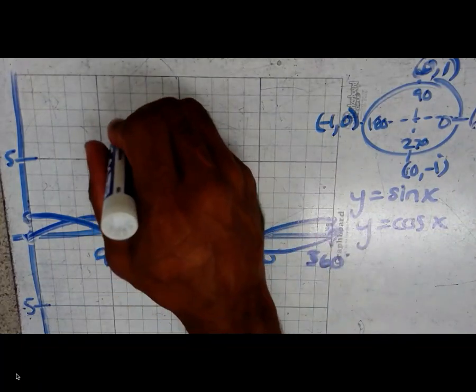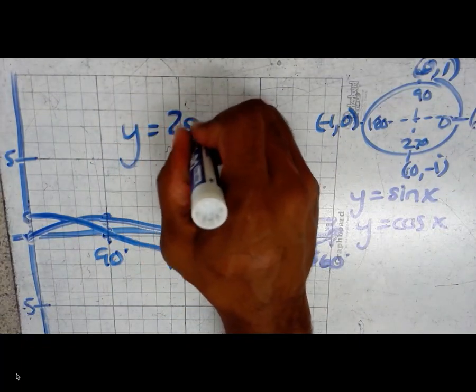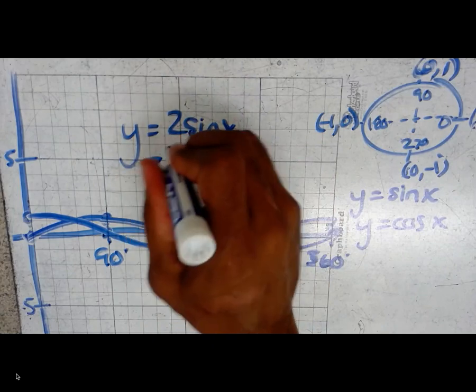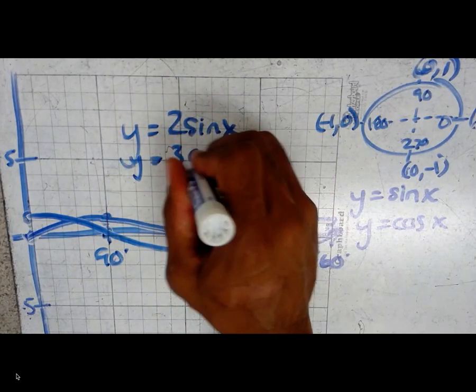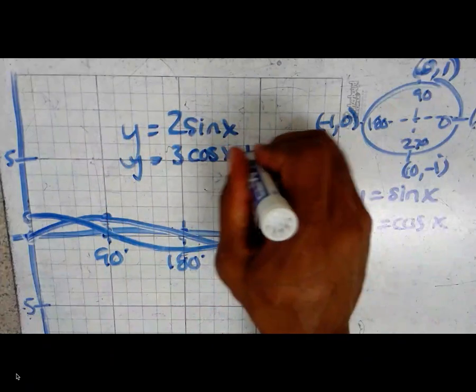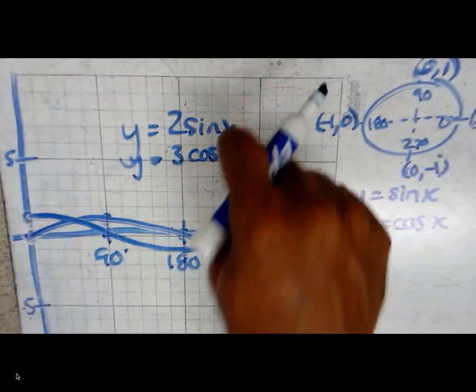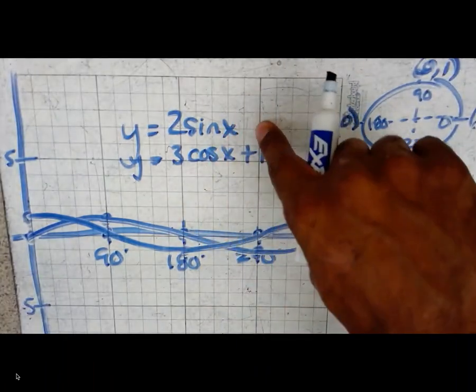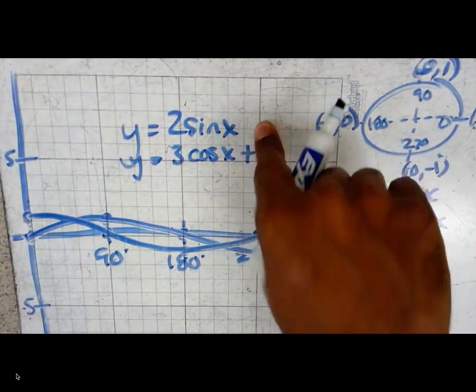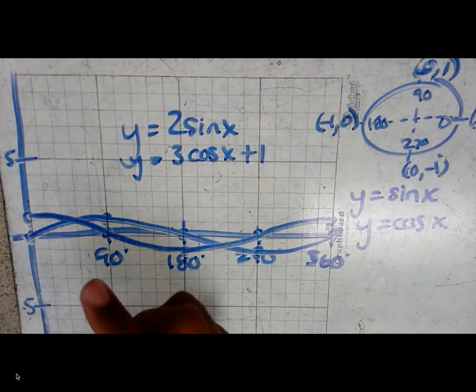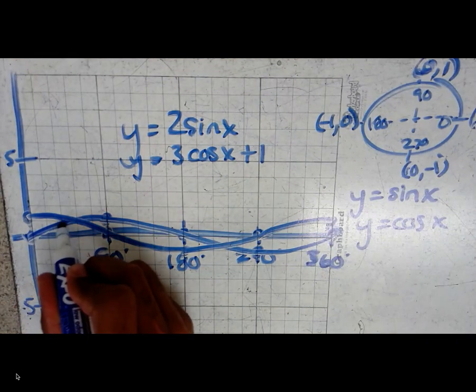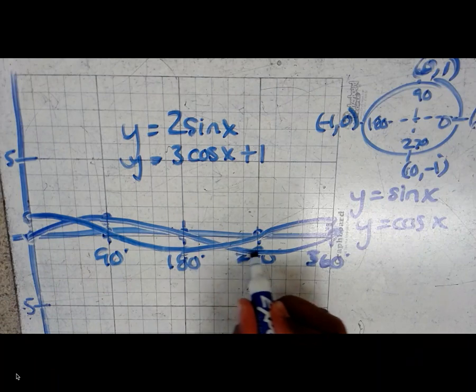But then we start doing things like this. We start adding in 2 times sine of x, or let's say 3 times cosine of x, and then we also add a 1. So now we're shifting this thing and changing the amplitude. All right, so what I want you guys to do is graph both of these functions. Start with this one, graph 2 times sine of x. Remember, that's changing the amplitude, right? So basically, I'm going to graph this same graph, this sine right here.